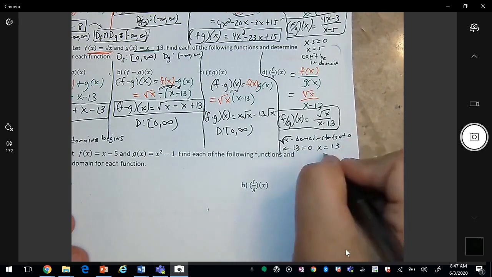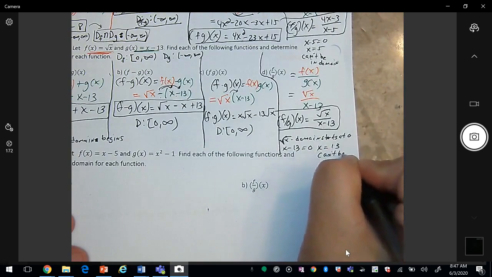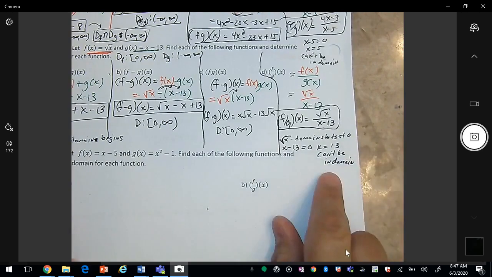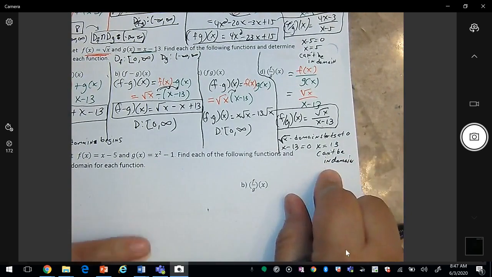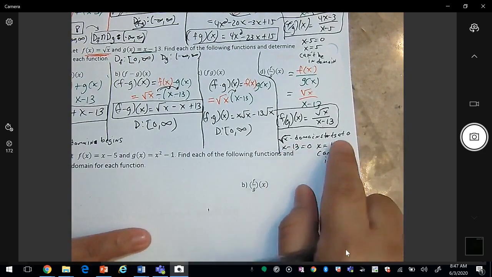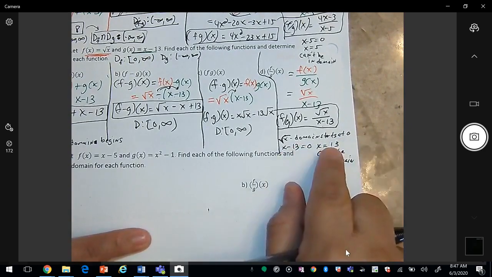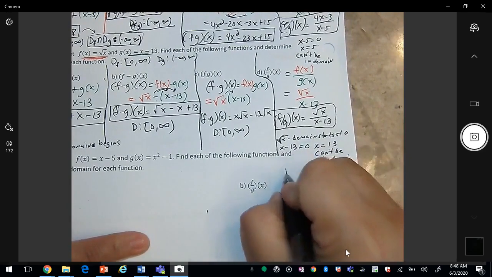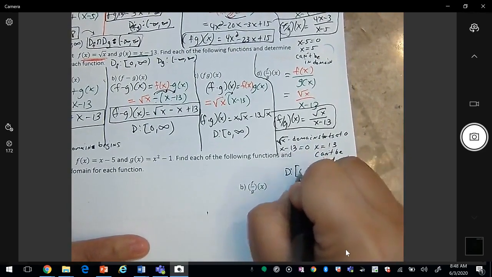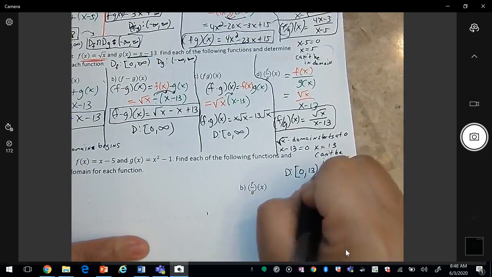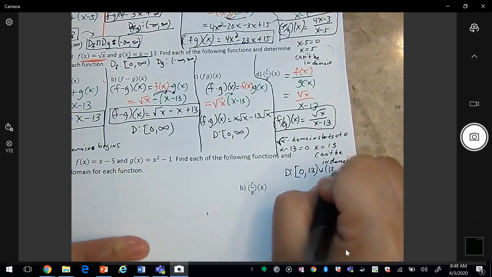So x is equal to 13 can't be in the domain. So what this means is that the domain is going to be everything that starts from 0 to infinity with the exception of 13. So we can write that from 0 to 13, union 13 to infinity.